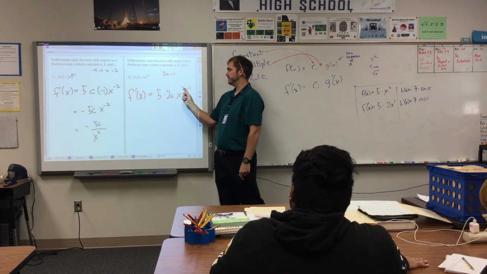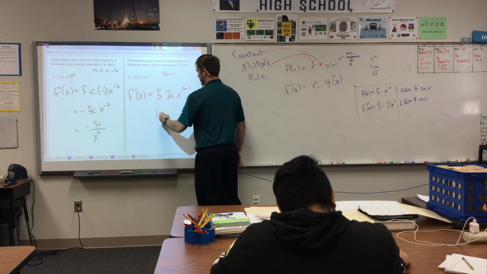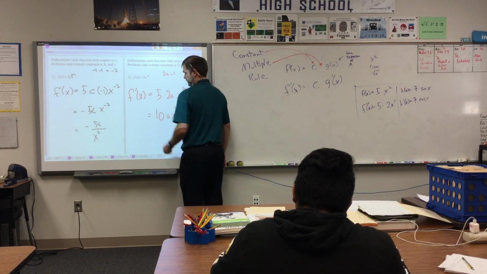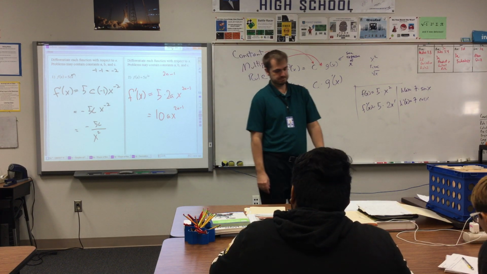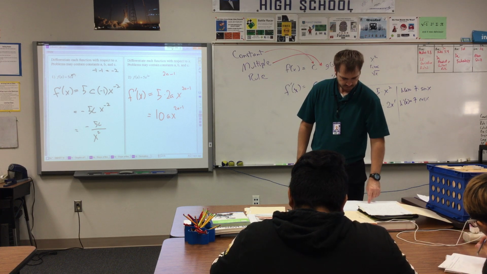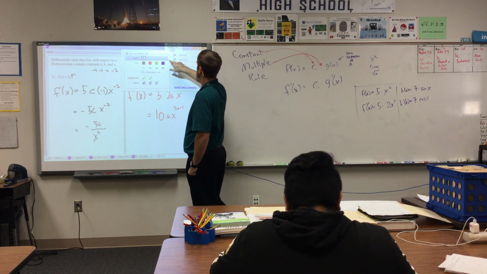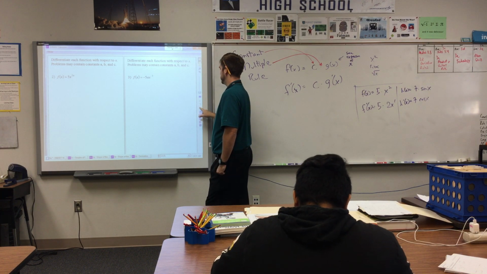You always take this number right here and subtract 1 from it. So 10a x to 2a minus 1. Don't beat yourself up. Everybody messes up on that. Let's skip on down to number 5.